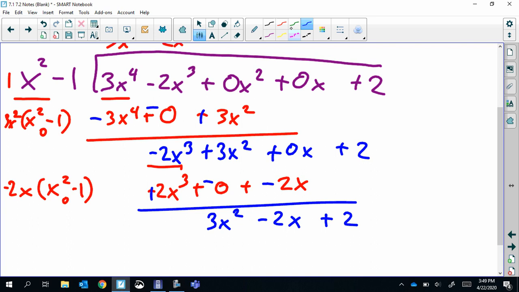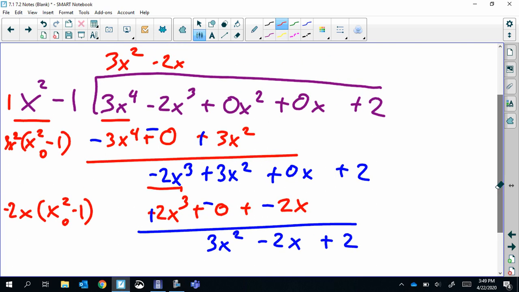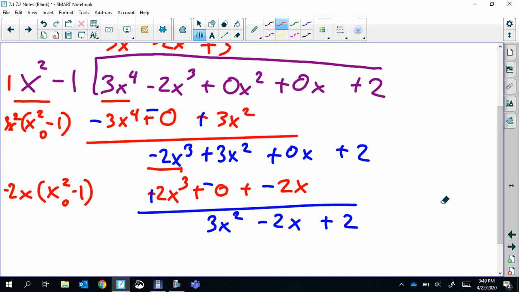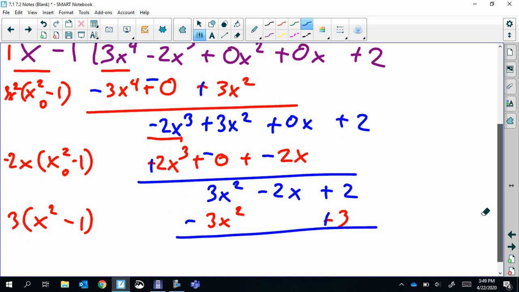Back to dividing. 3x squared by x squared. So we start with the numbers. 3 divided by 1 is 3. X squared by x squared, there's no variable anymore. We distribute it. That's 3x squared minus 3. Line it up. And now subtract means change it. Change it. Cancels out.